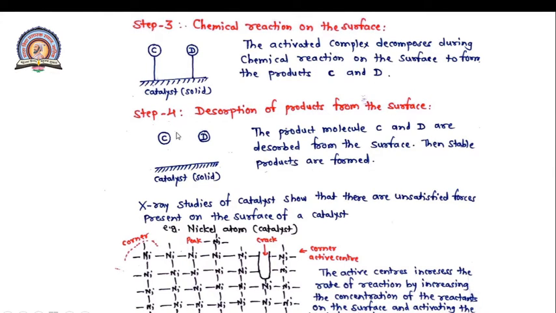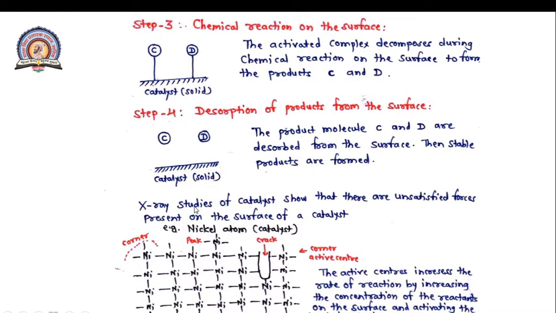The product molecules C and D are desorbed from the surface of the catalyst, and the stable products are formed. These are the different steps.